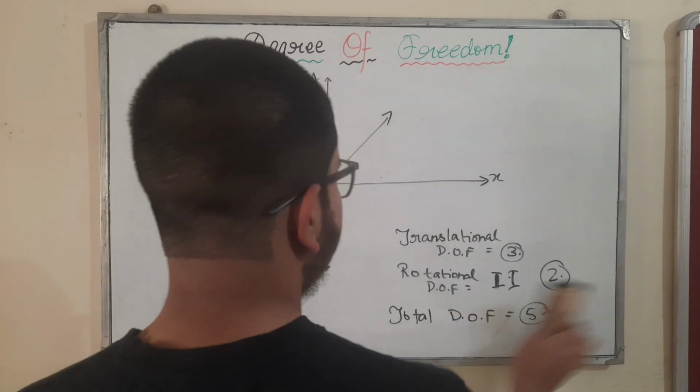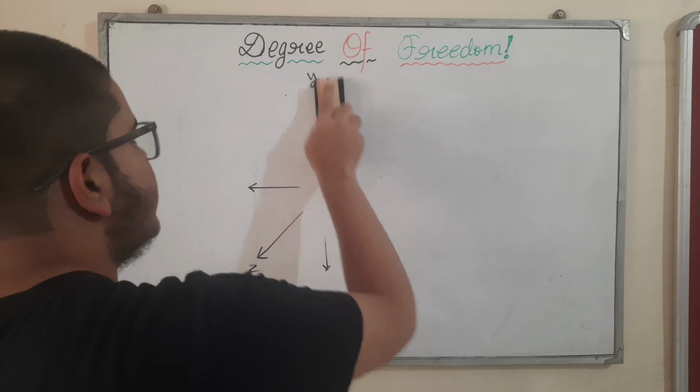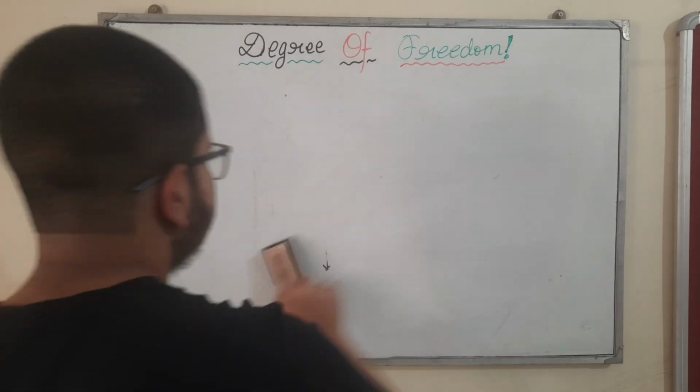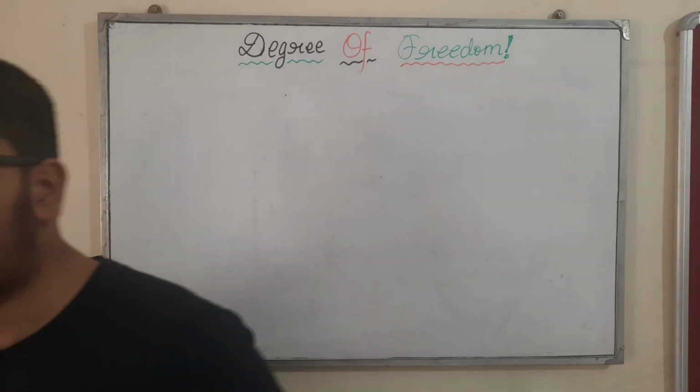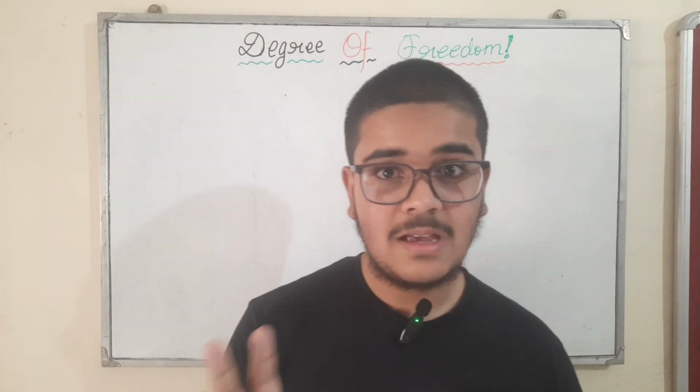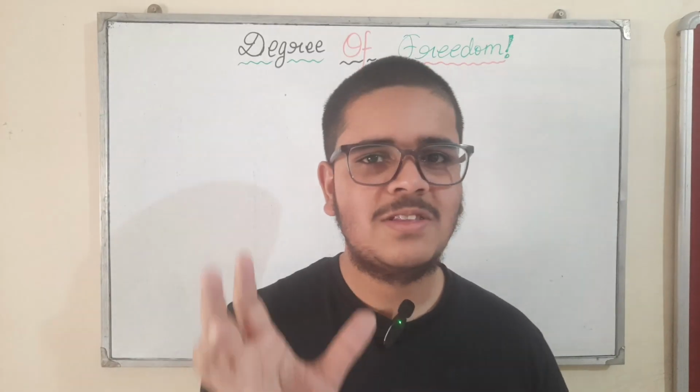Now in the case of, let's say, CO2. CO2 is a triatomic linear molecule. Now, one thing to note here is that I'm representing atoms in the form of spheres. Don't get too familiar with this concept, right?